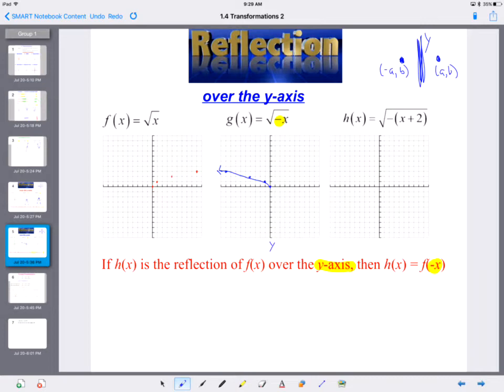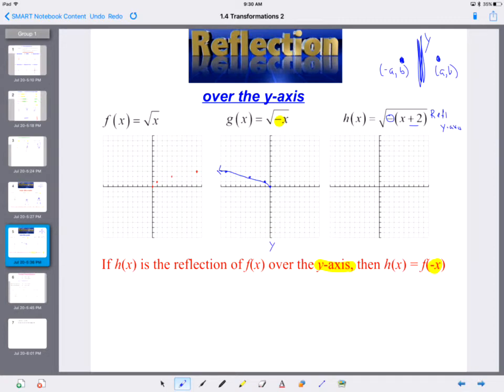Okay. And then h of x, you've got two things going on. You have the reflection, which is the negative, and then inside here you have x minus negative 2. So there's two things. We are reflecting over, once again, the y-axis.